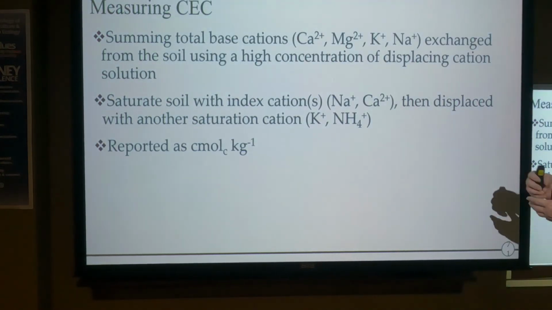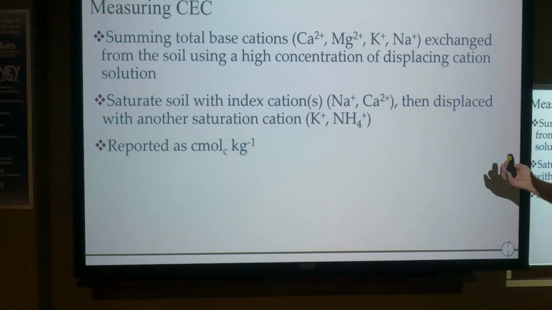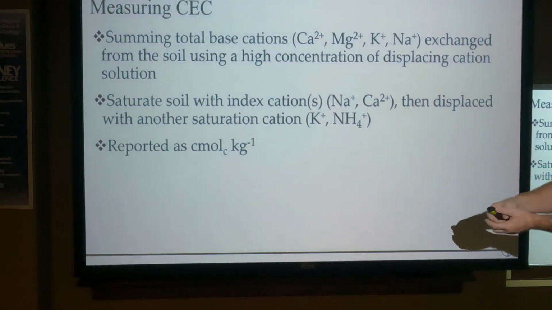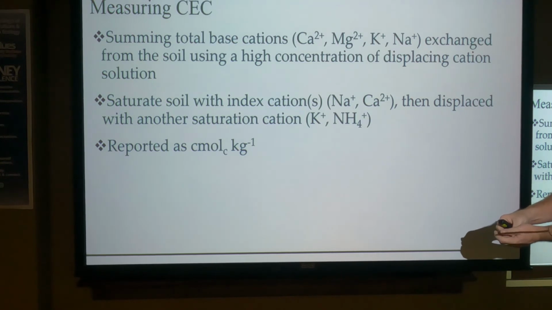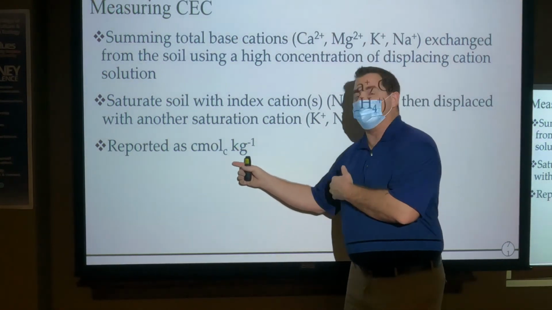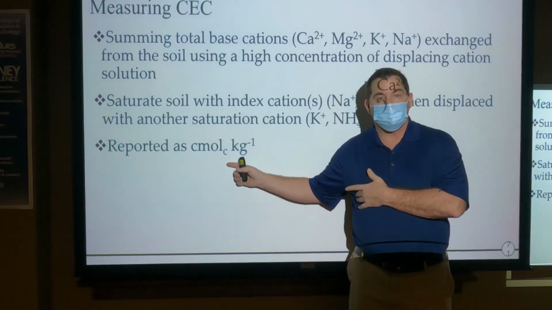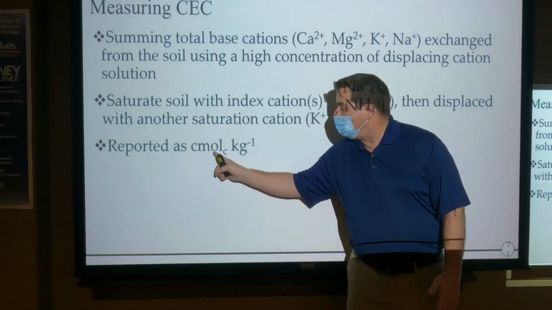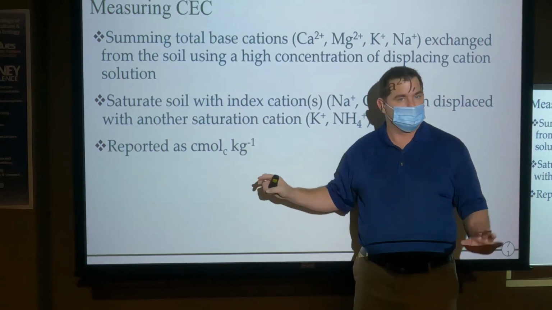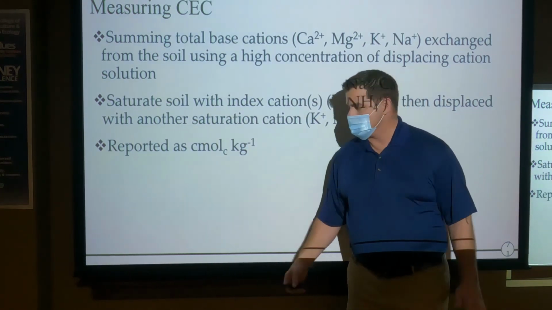The way they measure this is we're going to sum all the base cations after they've exchanged them off the exchange sites. We're about to go over a demonstration of this. It's important to know that this is reported as centimoles of charge per kilogram of soil. That's the unit.